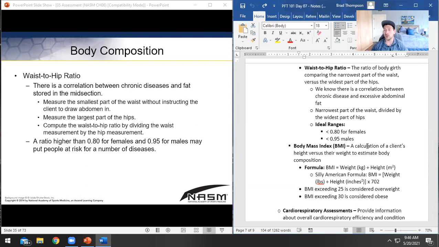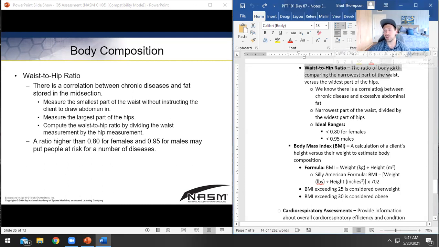But if you measure their circumference measurements and you notice that those are changing, that can put your client's mind at ease. It's like, look, I know the scale didn't move this week, but all of your inches went down. Clearly, you are changing your body composition. So this is why we really like body composition testing. It's a really great way for us to have different data points and sort of put our client's mind at ease in case they need it.